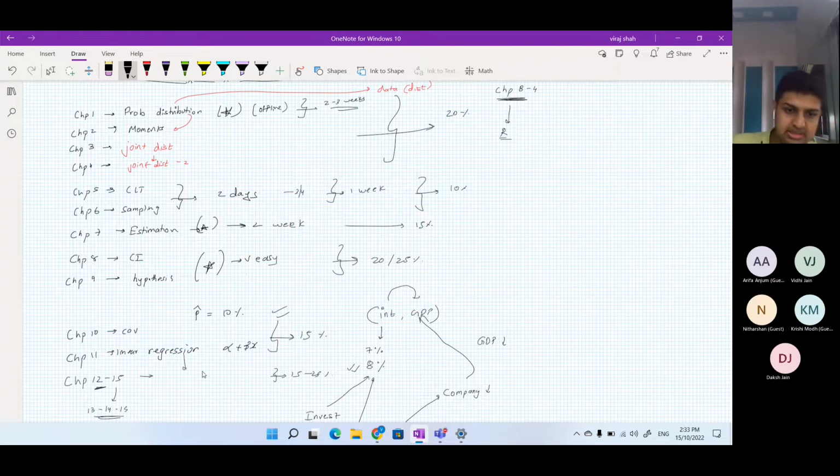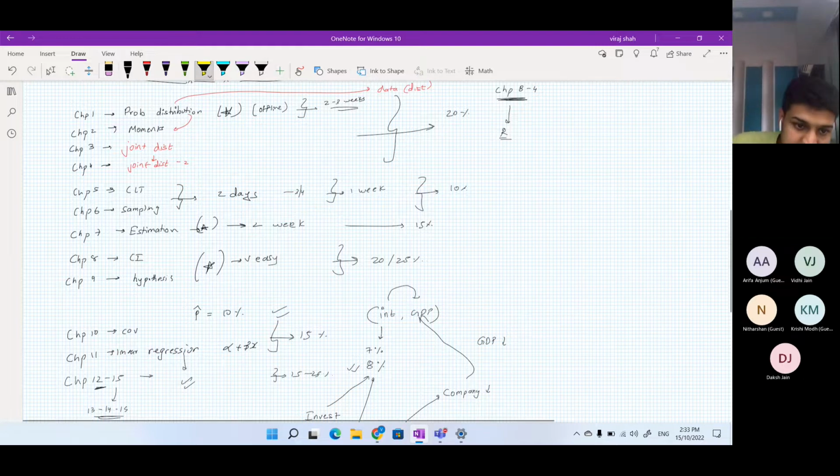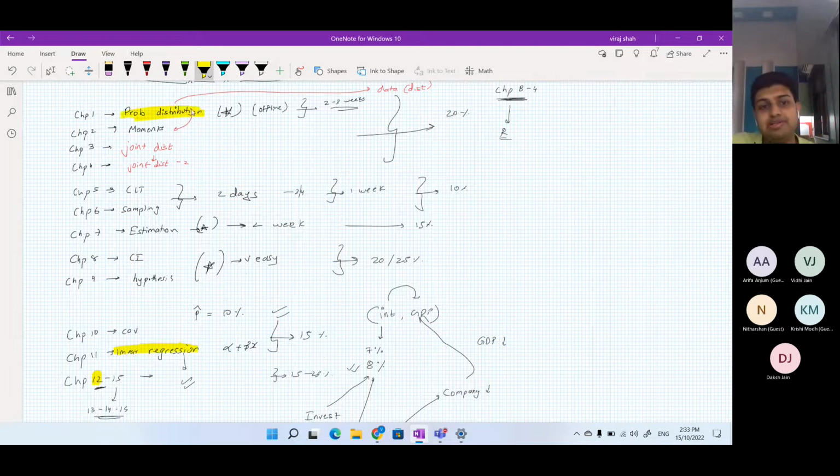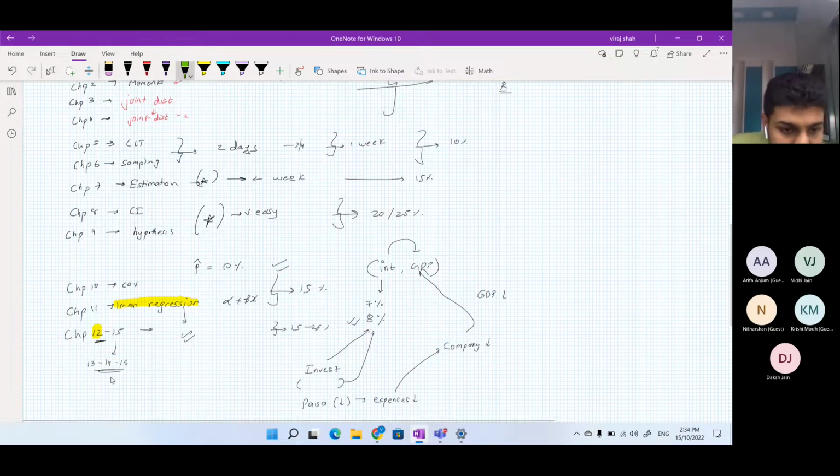Again linear regression को अपन analysis ज्यादा better करेंगे. इसका analysis will be linking this analysis linear regression with respect to your probability distribution. So सब कुछ अपन interlink करने वाला है, सब कुछ. And then in chapter 13, 14, 15 we'll be combining two distributions together.